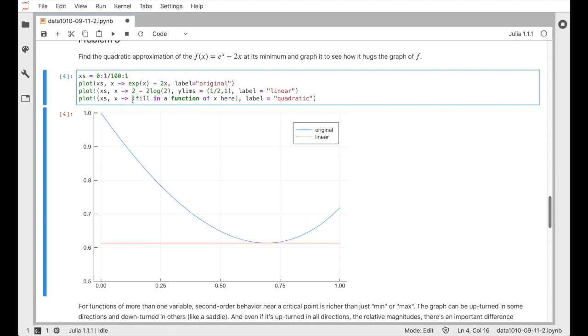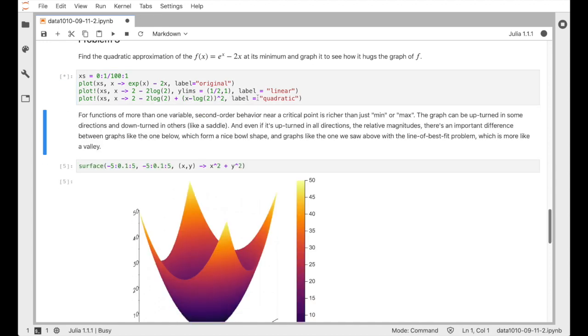So the line is going to be flat. To get the quadratic term, we start at the correct value, 2 minus 2 log 2. Then we need to add some quadratic stuff. So it's going to be squaring how far we are from that base point. But then we need to match up. Actually, let's just run this and see what it looks like.